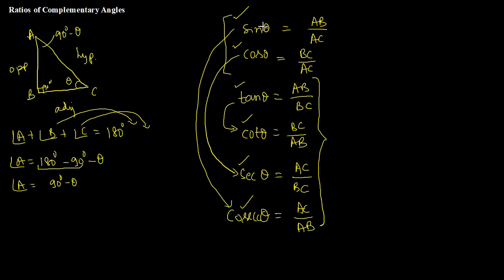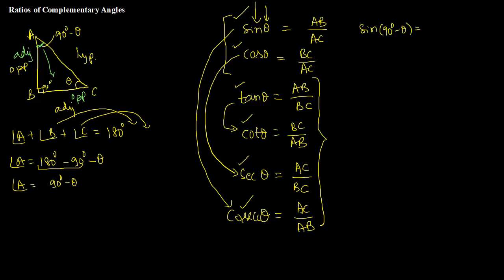Now I am going to write the same ratios that we have written here, but for the angle A, which is 90 minus theta. If I consider this, that becomes my opposite, and this is my adjacent. Hypotenuse stays the same.